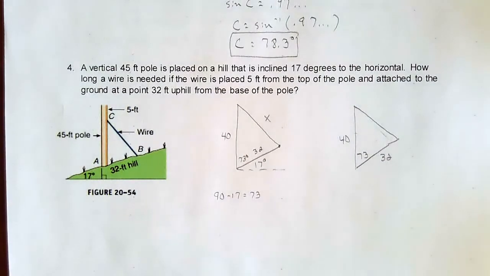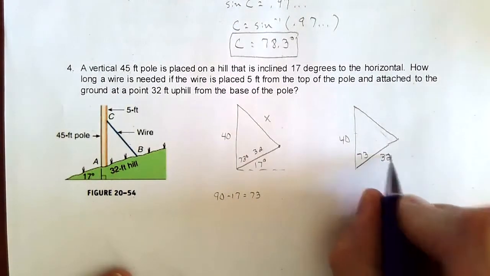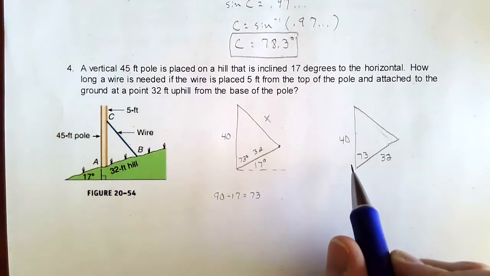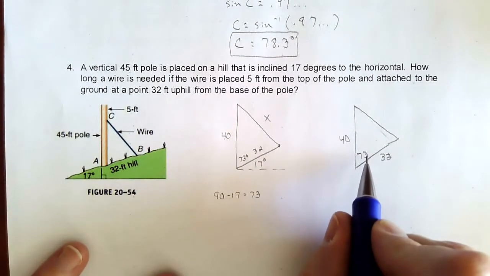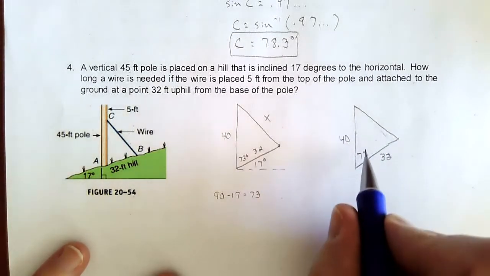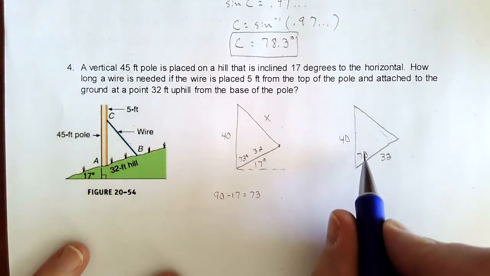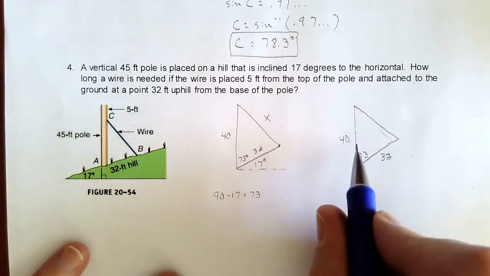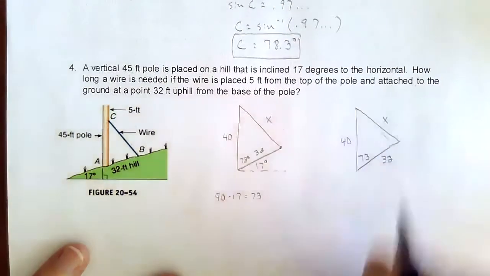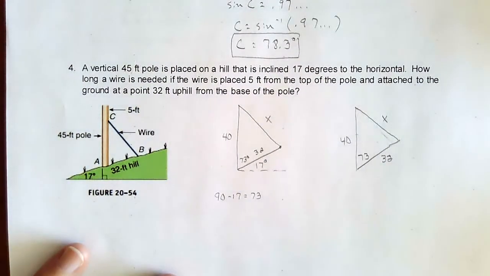Our choices are law of sines or law of cosines. Law of sines ends up not being an option because I have to have one full fraction, a side and an angle across from each other, which I don't have, which means it has to be law of cosines. And this is what we're trying to find, that length right there.